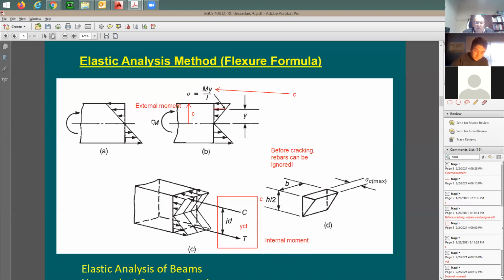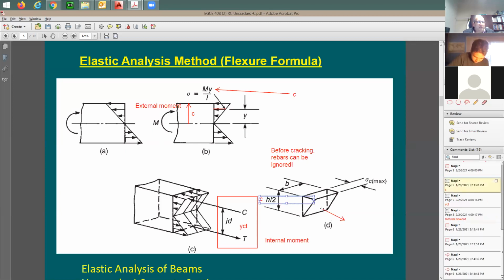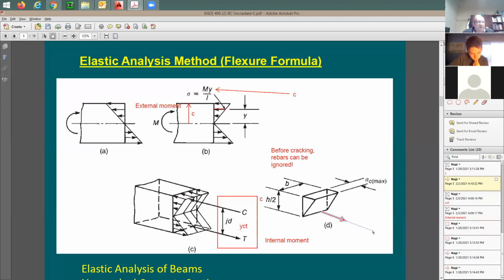This moment is going to be known because you calculate it based on the given or calculated moment diagram. And this YCT is going to be fixed. Why? Because where's the point where the force is going to be concentrated? You're going to say the force is concentrated, if you like to put it this way, at 1/3 from the base of this triangle, which is right here.